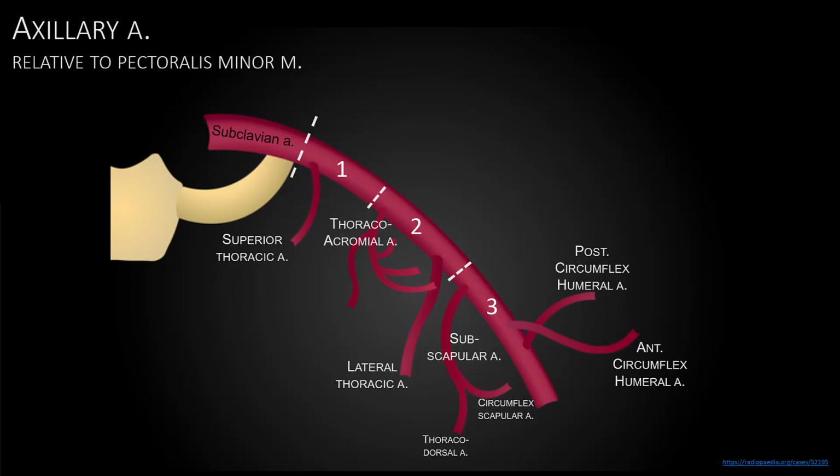Proximal to the pectoralis minor, you can find the superior thoracic artery. Behind the pectoralis minor, you can find the thoracoacromial and lateral thoracic arteries. Beyond the pectoralis minor, towards the arm, is the subscapular and branches off that, the thoracodorsal and circumflex scapular. These are noted because they will be nicely seen on an angiogram following.